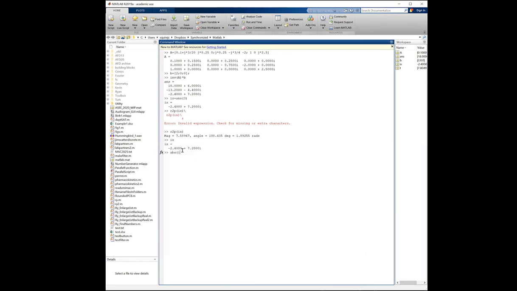It's the absolute value of IX, which is 7.59, same as my program returned. And what is its angle? Well, that's its angle in radians rather. To convert it to degrees, you just multiply it by 180 divided by pi. And that's our 108, the same thing as we got over here.